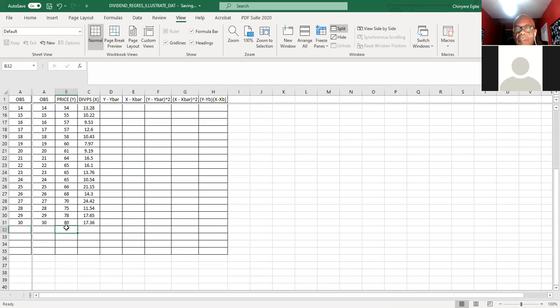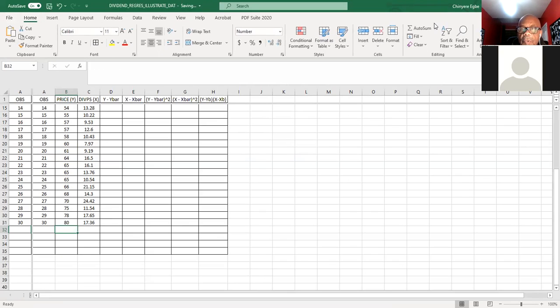This is the price. So we'll use the Excel function AVERAGE, and we'll calculate the average of y. The average of y is 52.3.